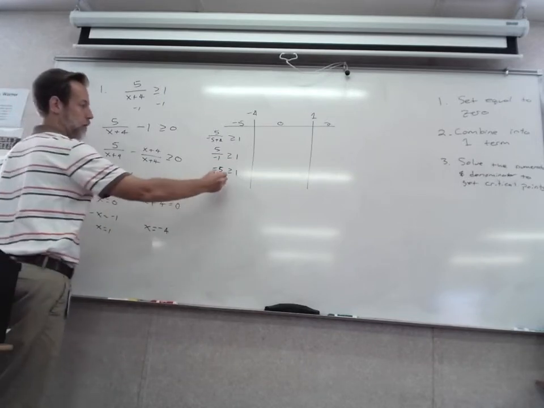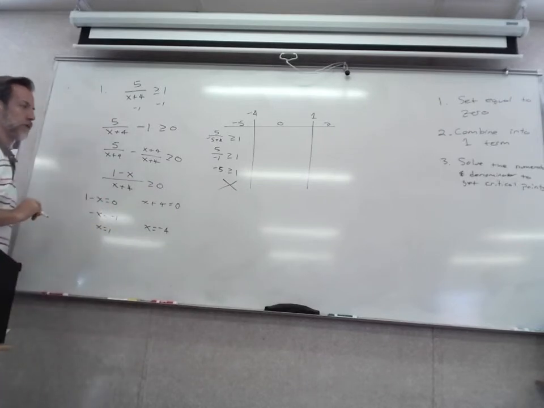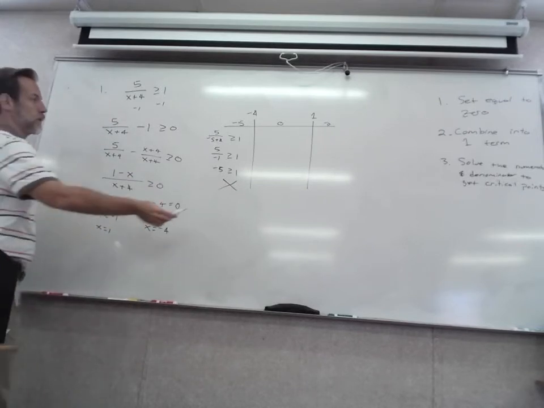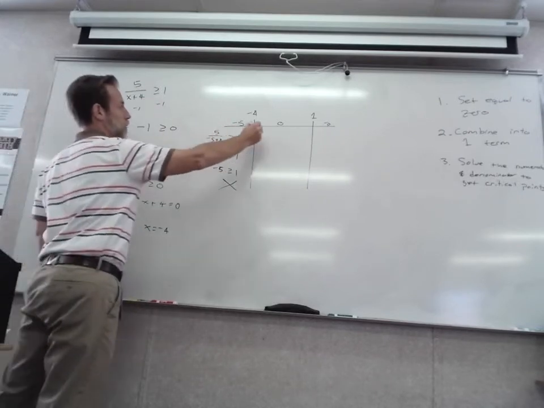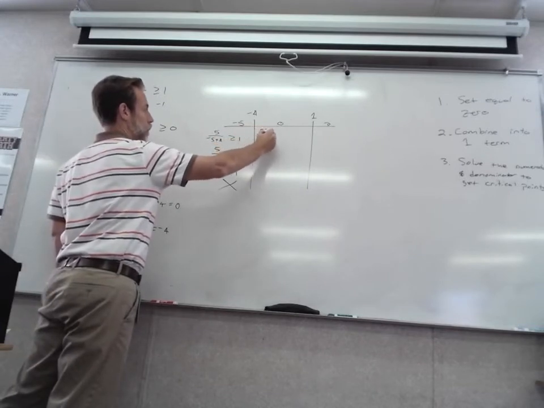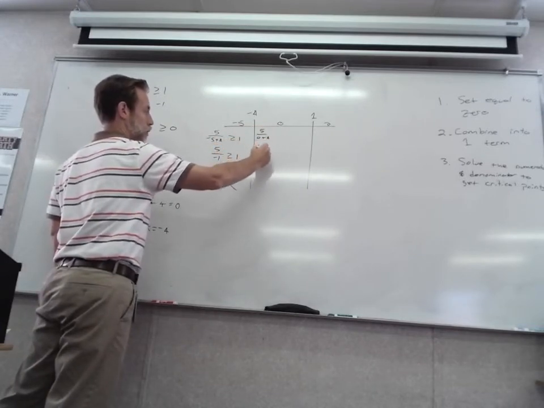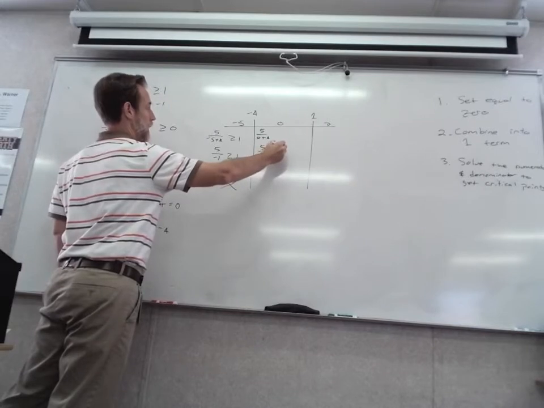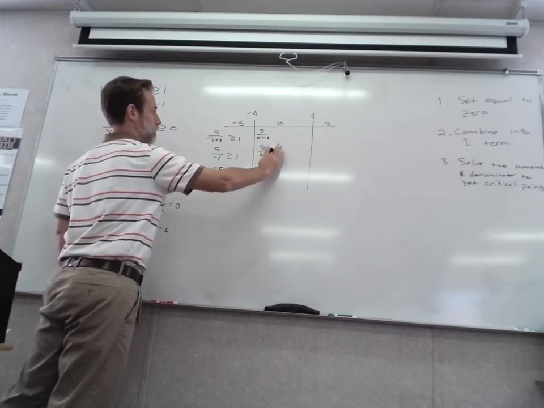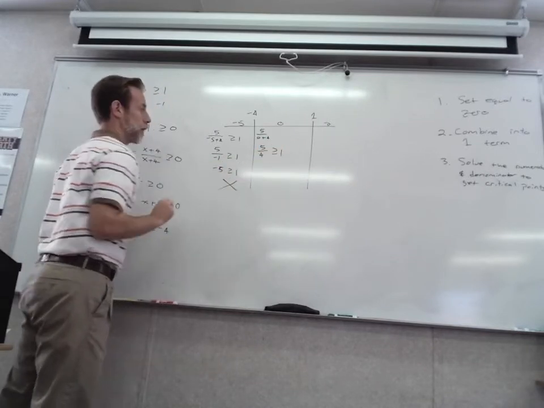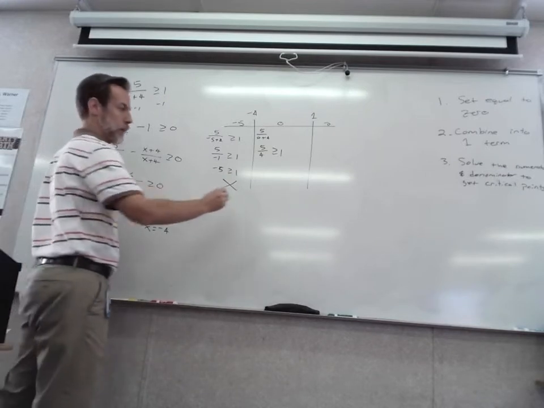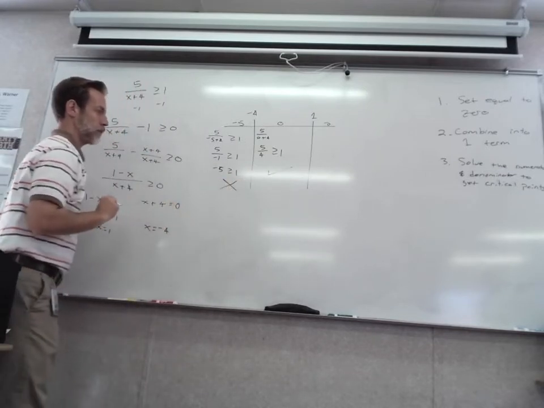No. Okay, so that region does not include the solutions. So we try 0. So 5 over 0 plus 4 is 5 fourths. That's 1.25. Is that greater than or equal to 1? It's the original problem. Yes. Okay. The check mark, that region will work.